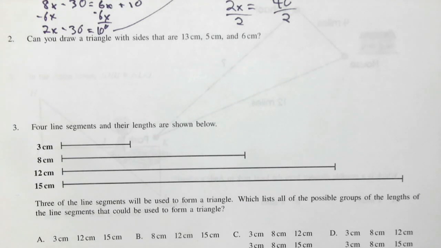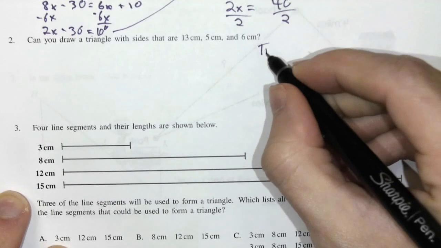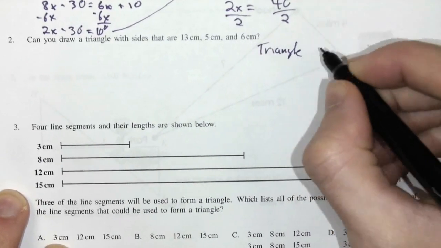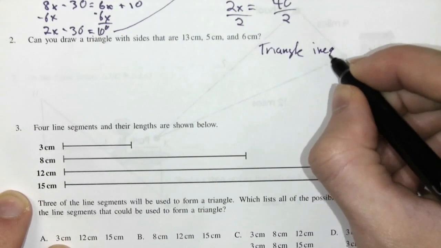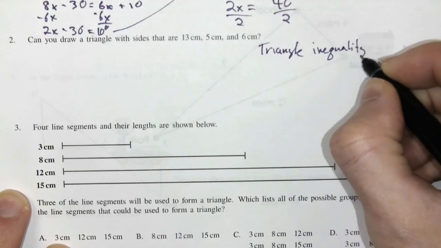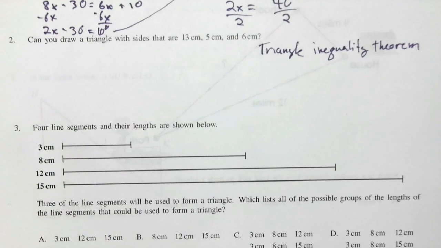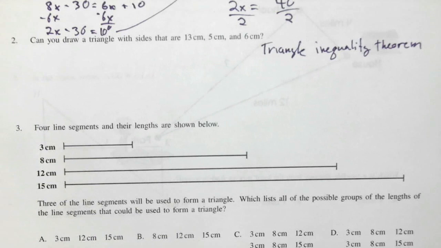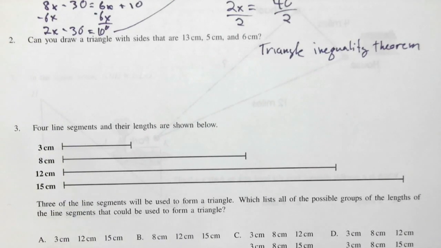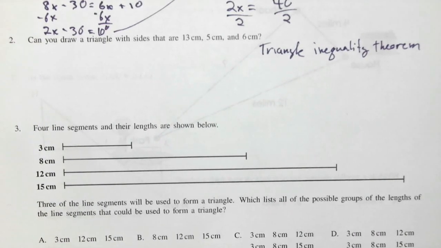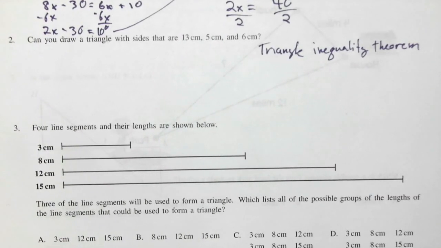Alright, so the theorem that you need to remember for this one is called the triangle inequality theorem. And it says that the two shortest sides of a triangle must add up to a number bigger than the largest side.